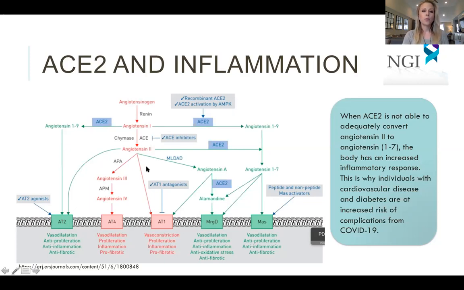So where does ACE2 come into play? So ACE2 you can kind of see here, and there's some other things happening here as well, which we did talk a little bit about in our roundtable if you want to go back and listen to that. But really what we're going to look at is this conversion here, where angiotensin 2 is converted into angiotensin 1-7. So as angiotensin 1-7 comes down here and binds to the receptors, it causes the opposite effect.